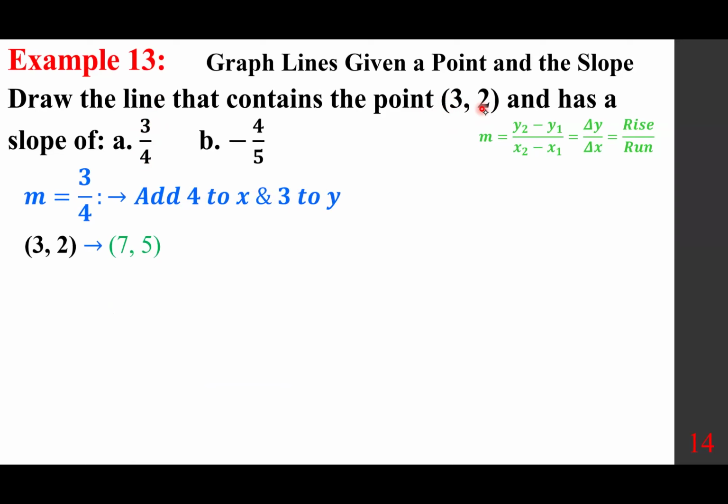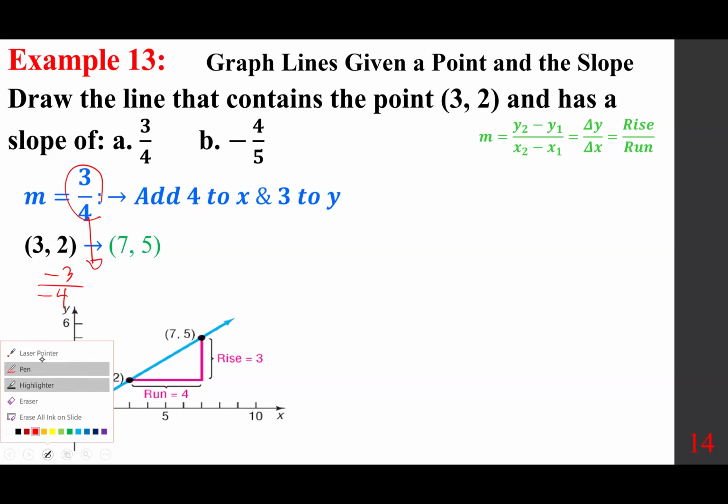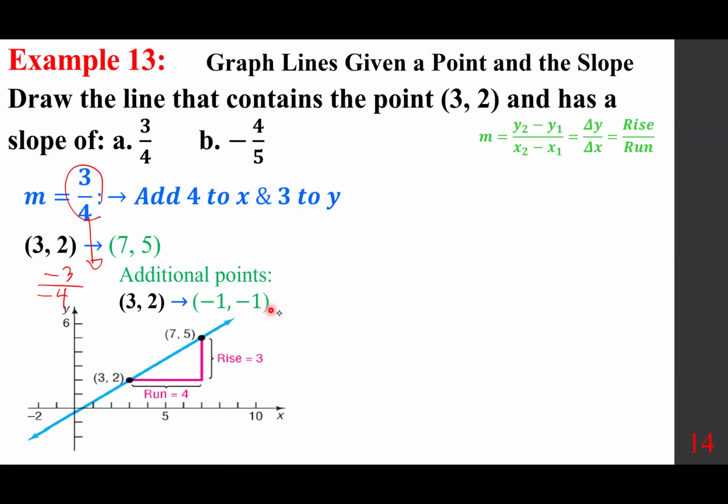So I can see what happens is that from (3, 2), I go 4 to the right, 3 up, gives me the second point, and I graph it. That's the concept. Now, you can think of this, if you want, for example, as -3 over -4, which means instead of adding, you're going to subtract 4 from x, and you're going to subtract 3 from y, and it results in (-1, -1).